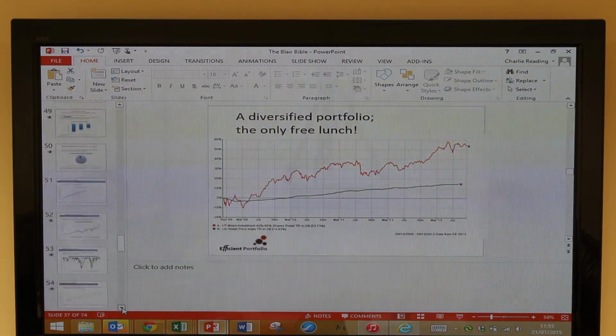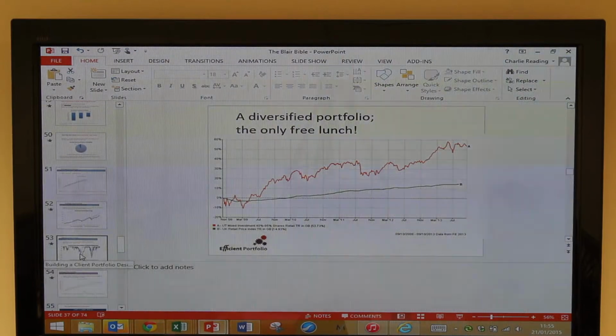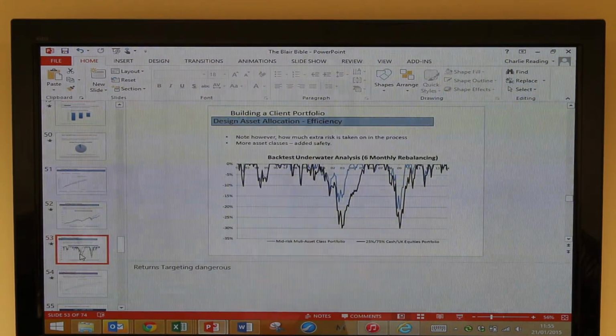Oh, one thing you asked about was the benefit of having a fully diversified portfolio rather than just investing in cash and bonds. Cash and equities. Because you can actually achieve exactly the same level of risk by investing in cash and equities as you could with a fully diversified portfolio. But the best way to look at that is an underwater analysis.